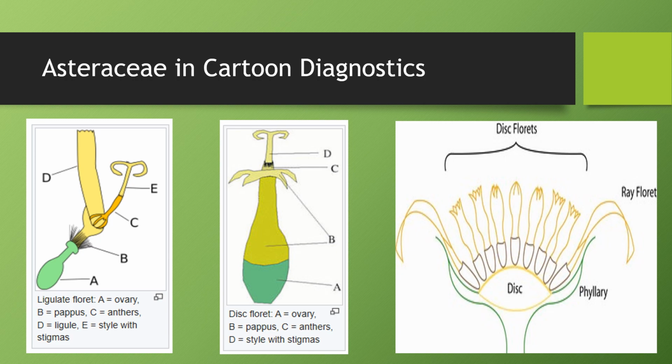So that's the actual ray flower, then what a disc flower looks like, and then the schematic showing the overall flower structure on the outside, those bracts or phyllaries, the disc being that fused or contracted raceme, the cup or disc that holds the disc flowers, and then you can see an example of a ray floret as well.